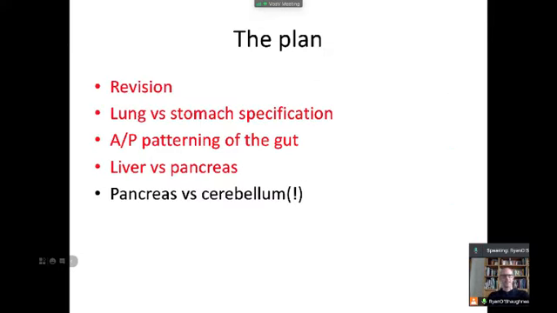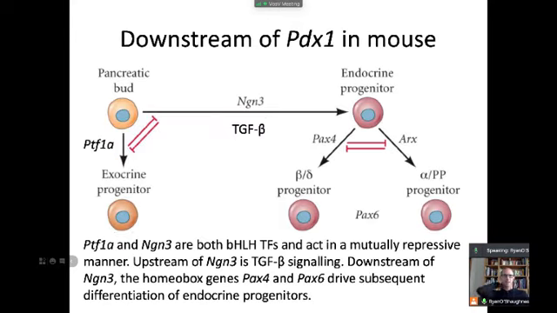So finally, let's look at something that's quite confusing. So we have these concepts of the role of PDX1 in the mouse, and downstream of PDX1, various different pancreatic fates can occur. So the pancreas contains islets with alpha cells and beta cells that form parts of these islets.